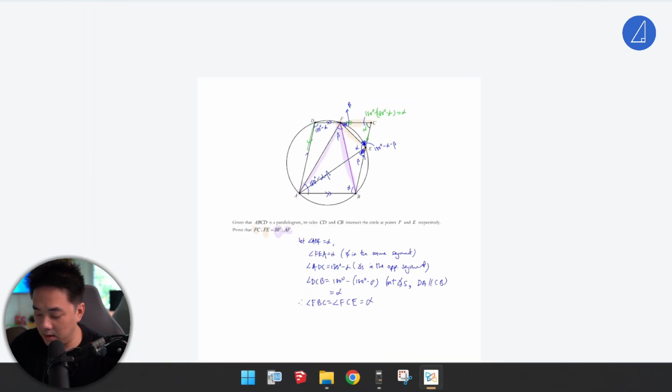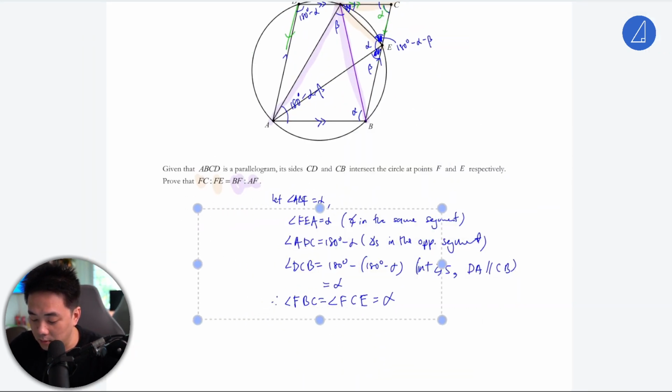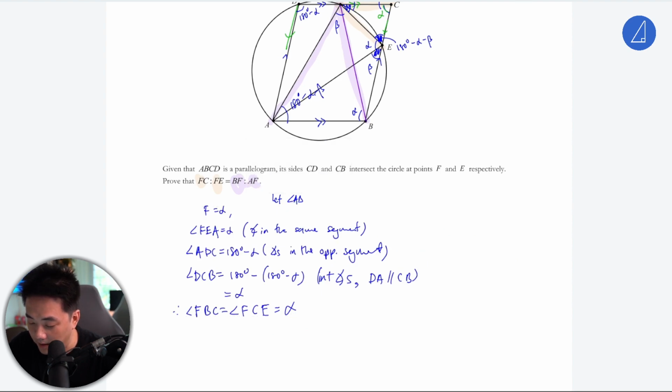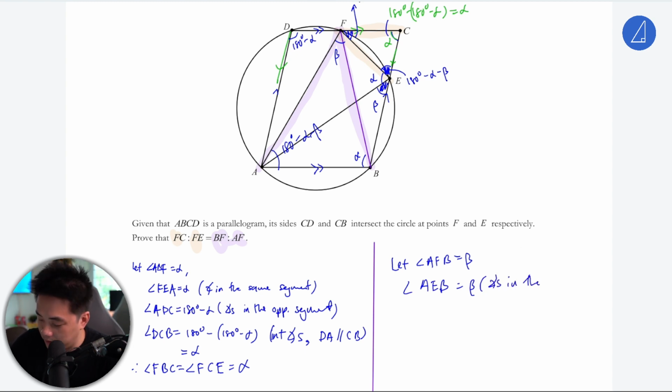Now we're going to start looking at the beta, which is to show the other angle there. So let the angle equal beta. So angle AEB is equal to beta. Angle in the same segment, this equals to this.